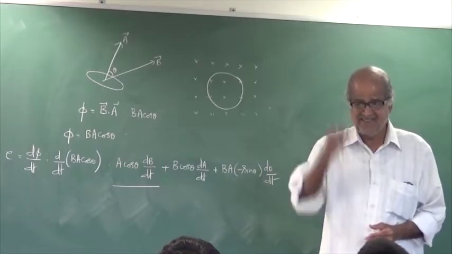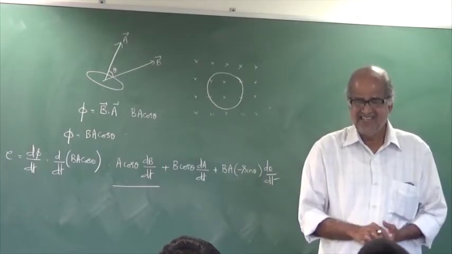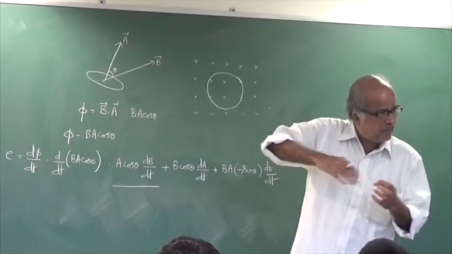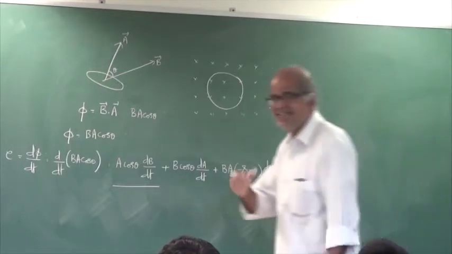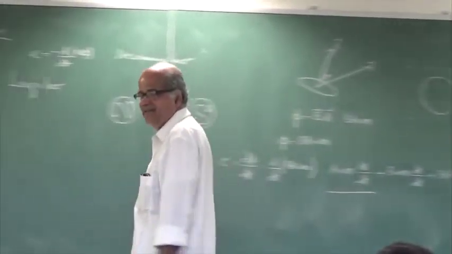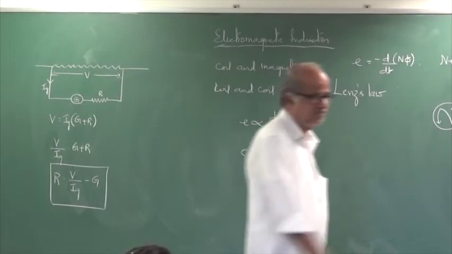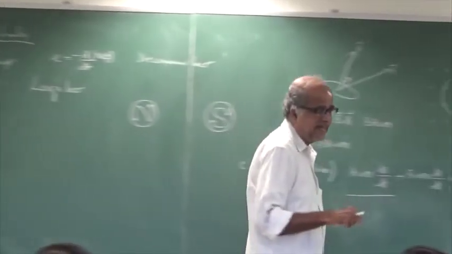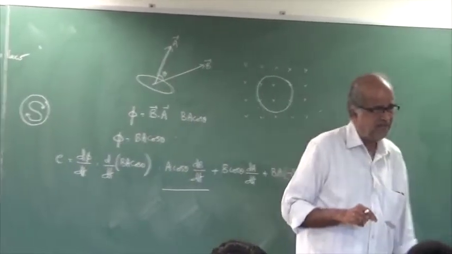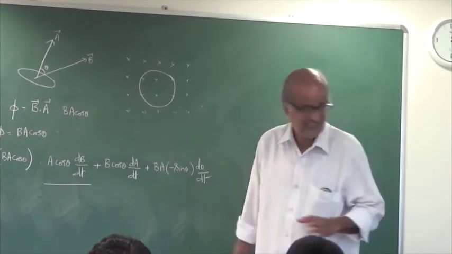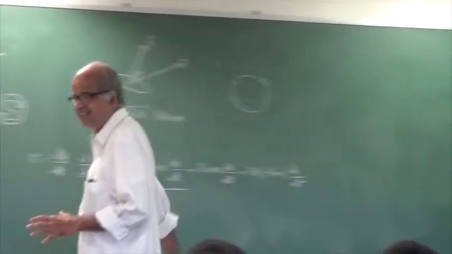But here, when you are moving a magnet, say, what is happening is it is distributed over the entire conductor. Remember it. It is distributed over the entire conductor. A current is flowing in that. Current flowing means there must be forces acting on the free charges in the conductor.